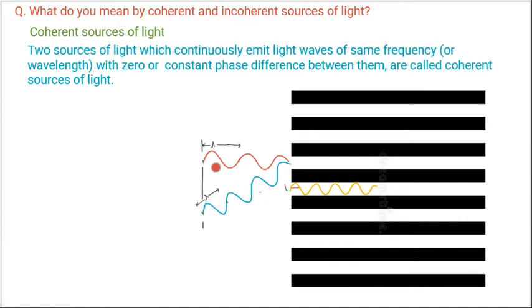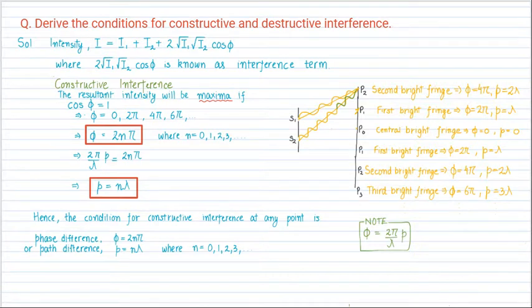Now apart from this, if the light is coming from here also, there is an extra path difference in this case. Apart from this, a phase difference comes into the picture. If there is a path difference which is an integral multiple of lambda, then there is a phase difference also, 2 n pi.